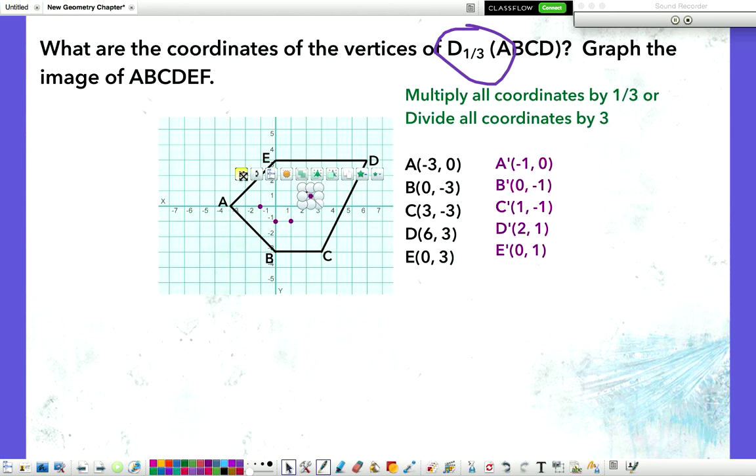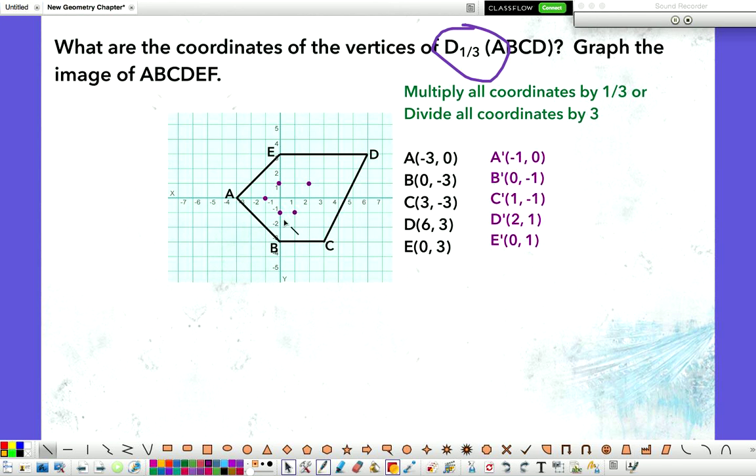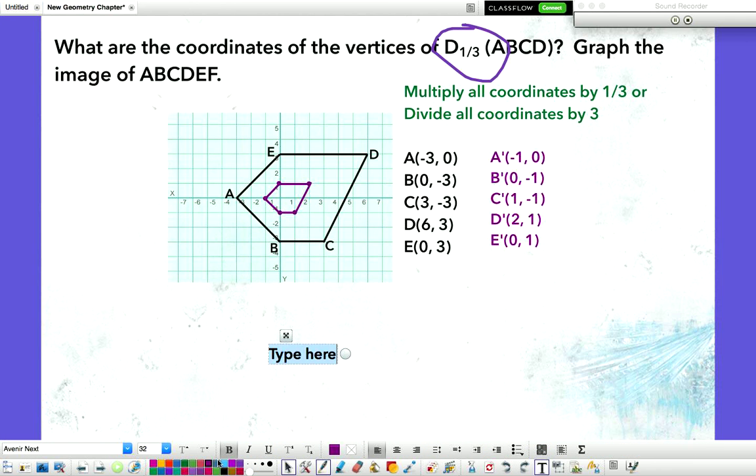And finally 0, 1. Okay, so let's check out what that looks like. So let's use my straight edge for those two. Okay. I'll label this really small.